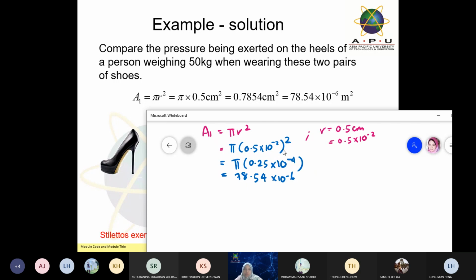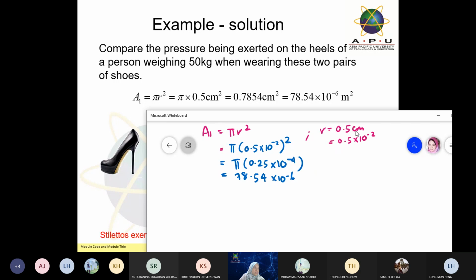Muhammad Saad, why is your answer 3.142? Samuel also 63. Did you do the right one? Did you do A1 or A2? Wait, I'm doing A1, miss. Let me double check. Okay, the rest follow my steps here.